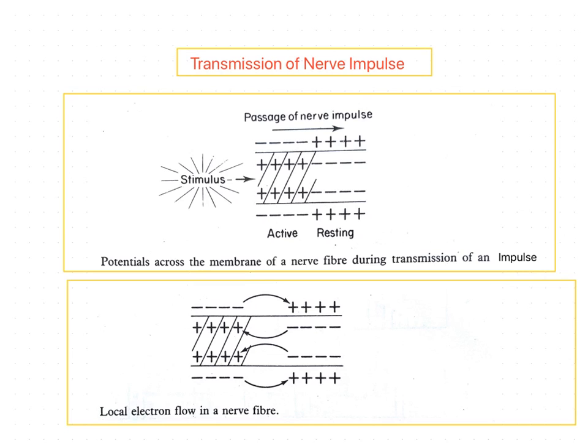Whenever a nerve fiber is in the resting state, there is a difference of potential between the outer and inner surfaces of the plasma membrane. Normally the outer surface bears a positive charge and the inner surface bears a negative charge in the resting period.